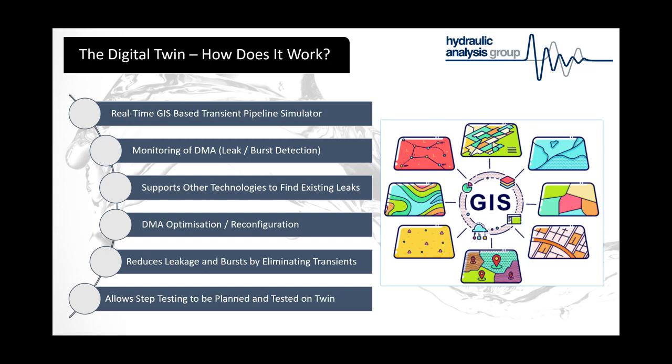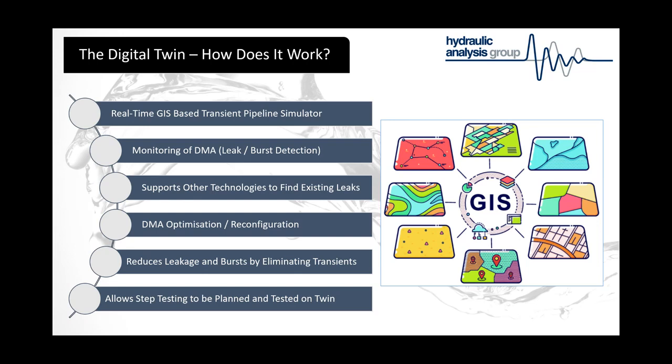First of all, you can monitor the DMA for leaks and bursts. We also incorporate other technologies such as acoustic logging to find existing leaks. The main advantage, though, is once you have this replica or twin of the DMA, you can then carry out desk-based studies to optimize it and reconfigure it to reduce pressures and reduce leakage.